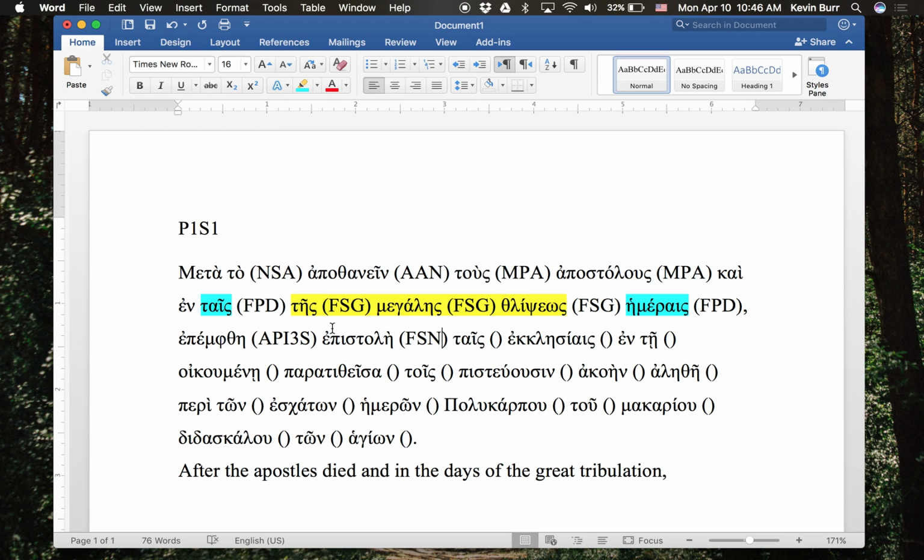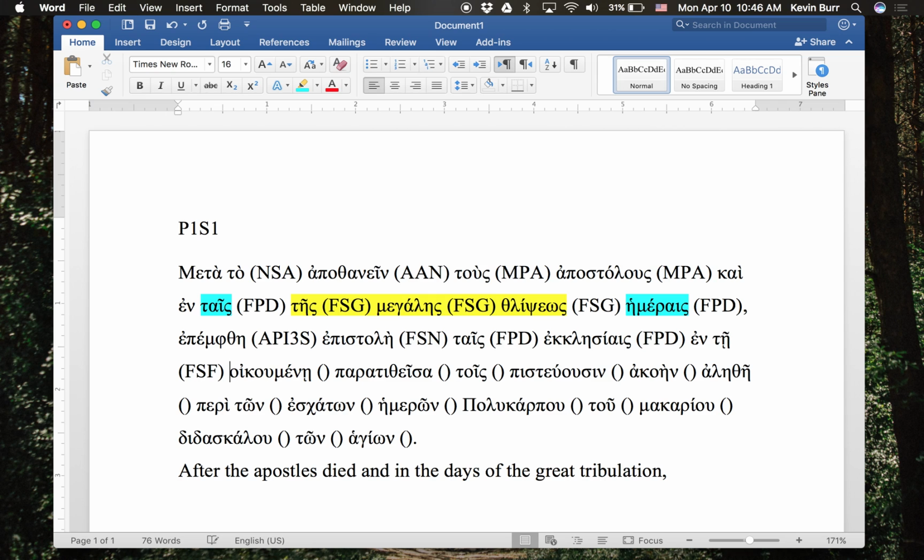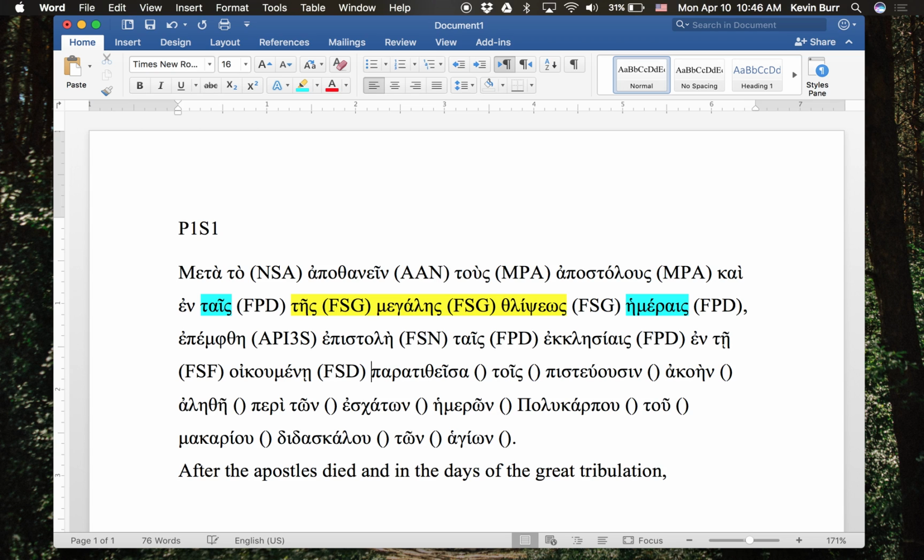So a letter was sent tais ekklesiais, to the churches. It's pretty straightforward. To the churches. In te, so in the feminine singular dative, oikoumene, in the inhabited earth, or in the inhabited world. Also feminine singular dative.